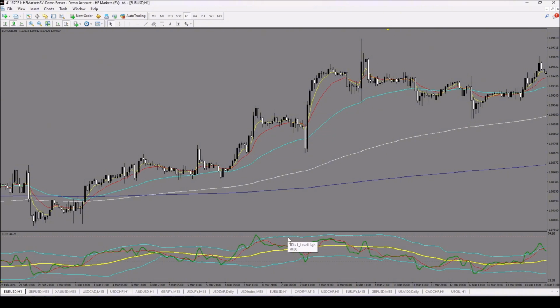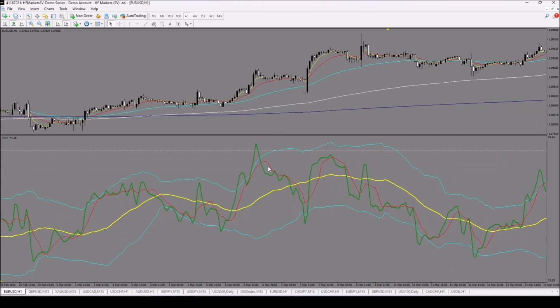They give us an upper and a lower boundary of the play of the RSI line. The one in the middle is basically a division of the upper side and the lower side. And then the one in red is a signal line, which helps us when we are making our entries at the points that we have discussed.